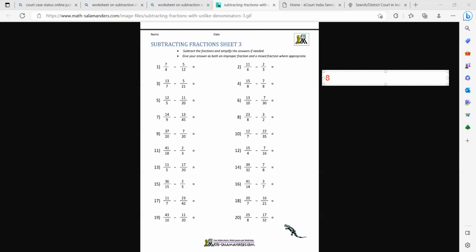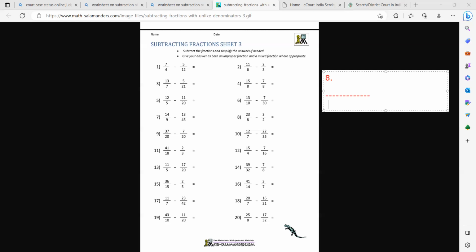Number 8. What will be the LCM? It will be 35. Then what we have? The LCM will be 35. So 7 into 5 is 35. And 35 into 1.